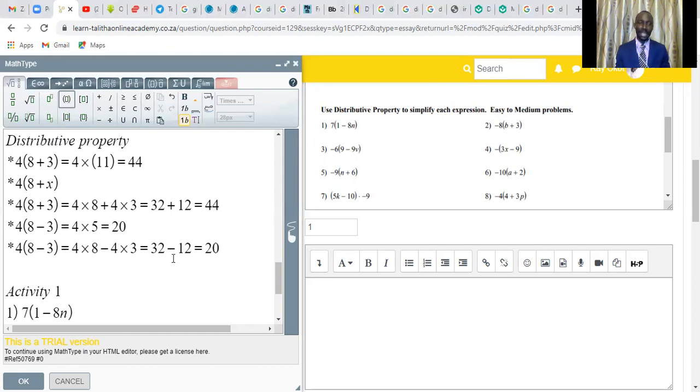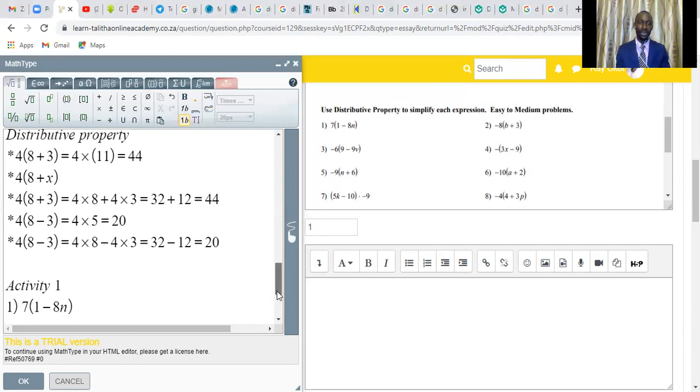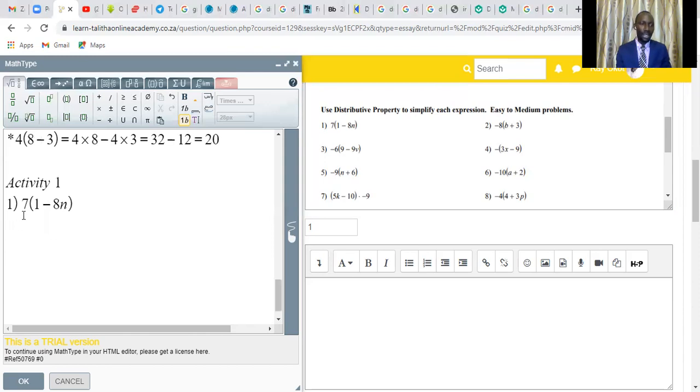Now notice that in this case, what we are going to do is distribute 7 onto 1 and later 7 onto 8n. When we distribute 7 onto 1, what we get is going to be a 7 times a 1. Now remember, before we distribute 7 onto 8n, there is a minus sign. And so when we go ahead to distribute 7 onto 8n, we will be having a 7 and what? An 8n.